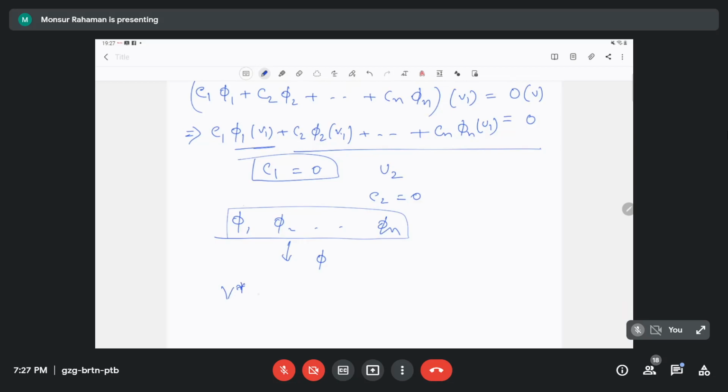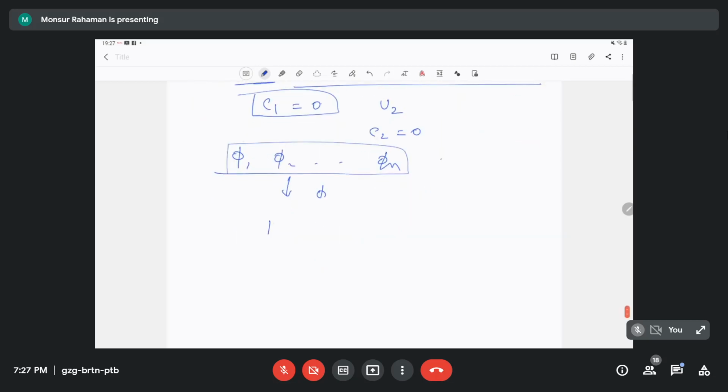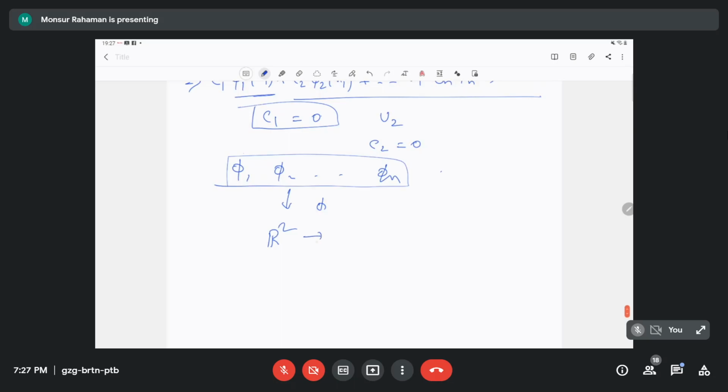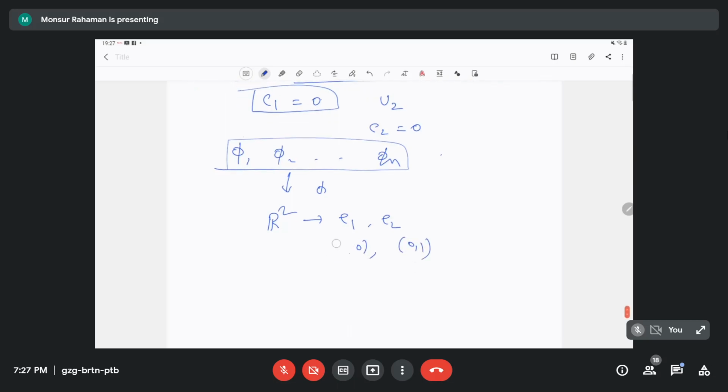Okay, let's take an example. Take R2 with the standard basis vectors e1 and e2. e1 is (1, 0) and e2 is (0, 1). In the previous class, I told you that this is the wrong way of writing, because as a vector you have to write it as a column vector.